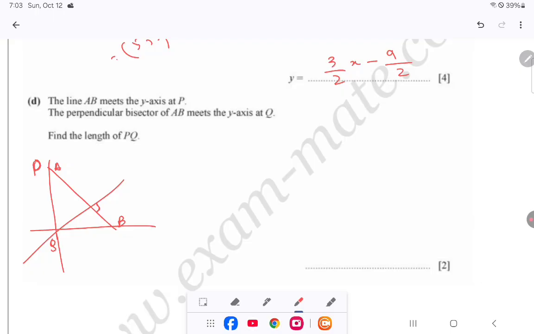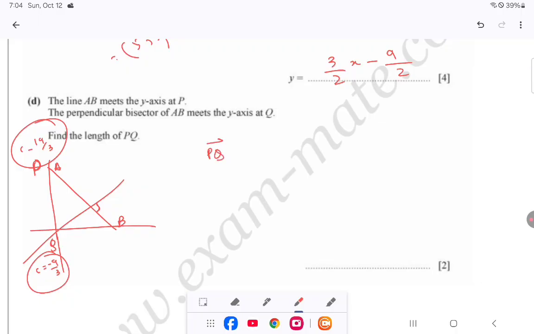The c values we already know. The first c we calculated is negative 3, and the second c we calculated for the perpendicular bisector is negative 9 over 2. This one is for the parallel line and this one is for the perpendicular line. For the PQ distance, we just have to add both constant values.